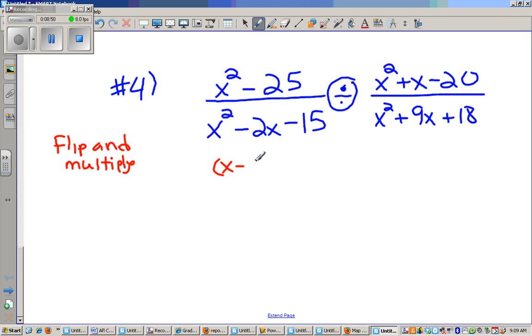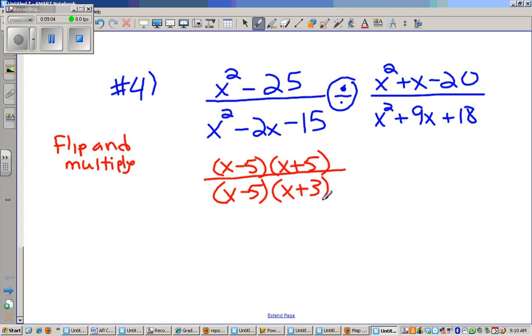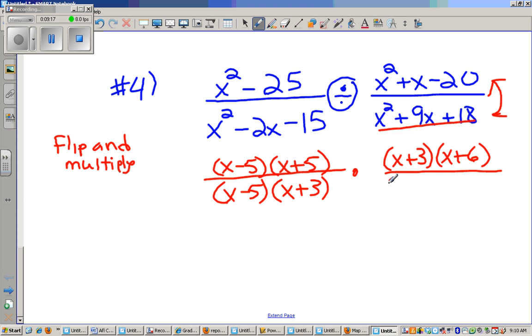So you have x minus 5, x plus 5 for the first term, x minus 5, x plus 3 for the denominator, multiplied by, now of course this is going to be on top, they're going to switch places, so I'm factoring this one for the numerator. That's an x plus 3 and then x plus 6. And at the bottom, I've got things that multiply to 20 that give me a difference of 1. Remember, that's a 1, so that's 5 and 4. So it'll be x plus 5, x minus 4.